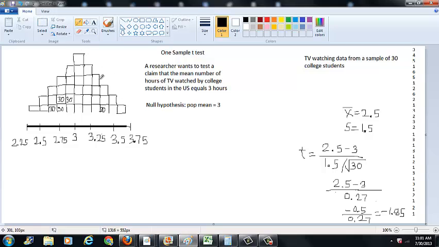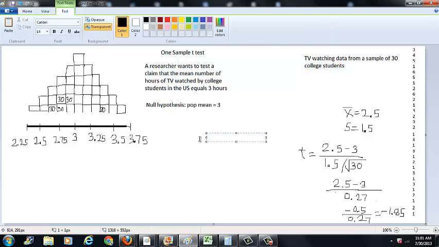But we can actually predict what the shape of those boxes would be, because I talked about how the assumptions of the one sample t-test say that the population that's being sampled has to be normal, or your sample size has to be 30 or larger. This is one of the assumptions.